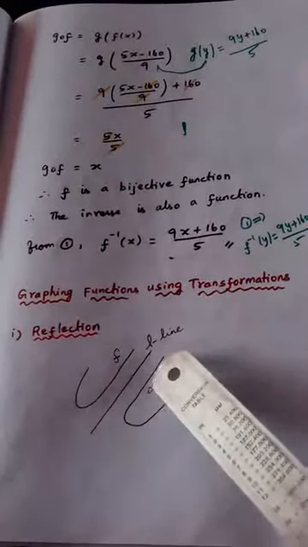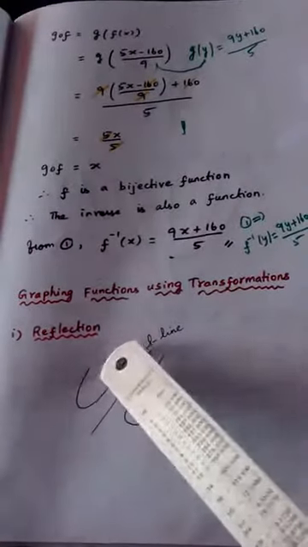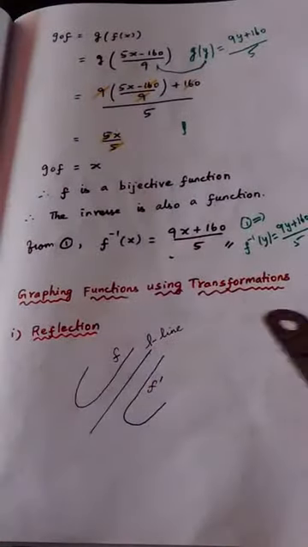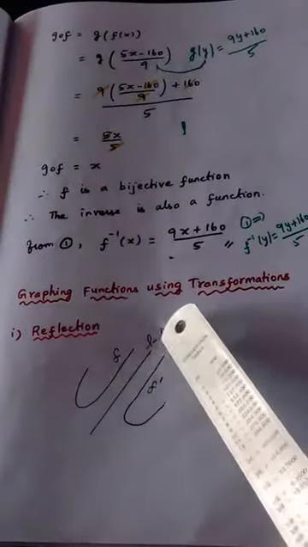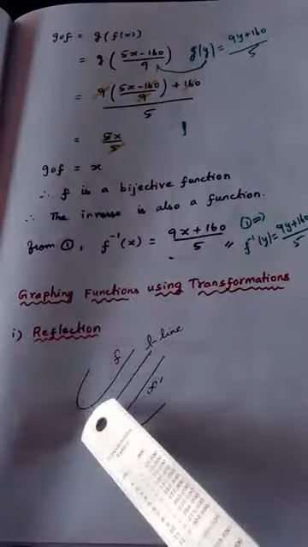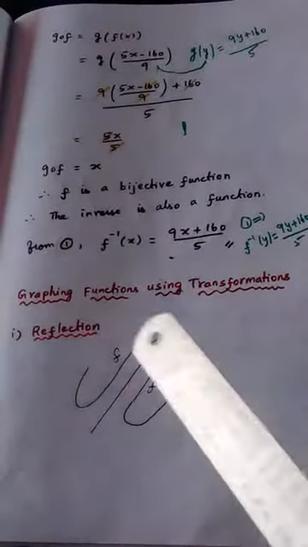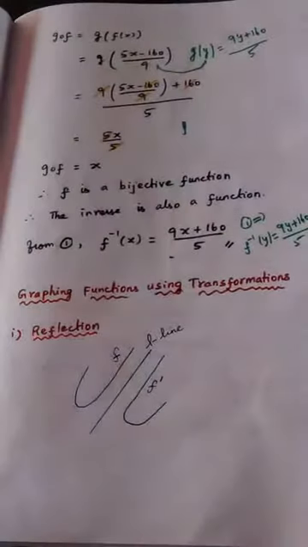If I look at this, I can understand some connection between f and f dash. What I am going to say is, this line L acts as a mirror for this curve. Such diagrams are called reflection.